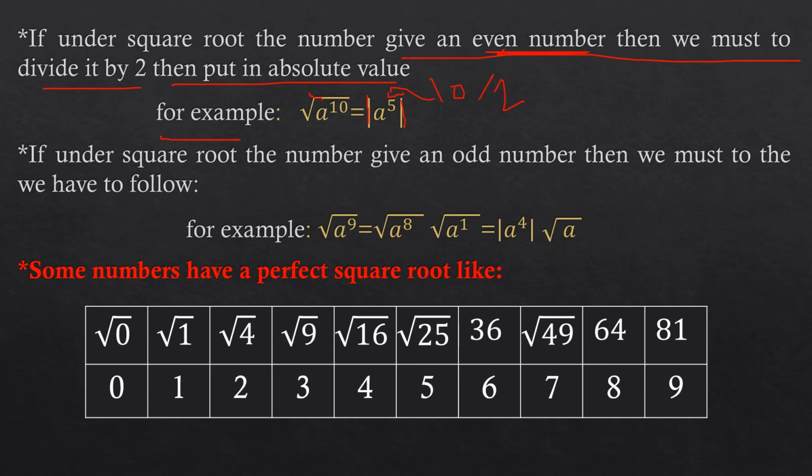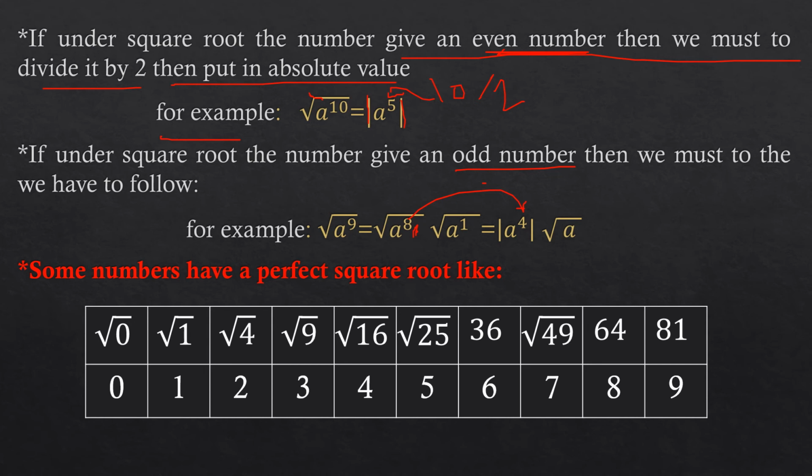But if the power under the square root is an odd number, for example here, 9 is an odd number, so we have to separate 9 into one odd number and one even number, okay? So 8 is the even number. Divide 8 by 2 will be equal to 4, and we will do the same thing as we would do with a to the power 10.